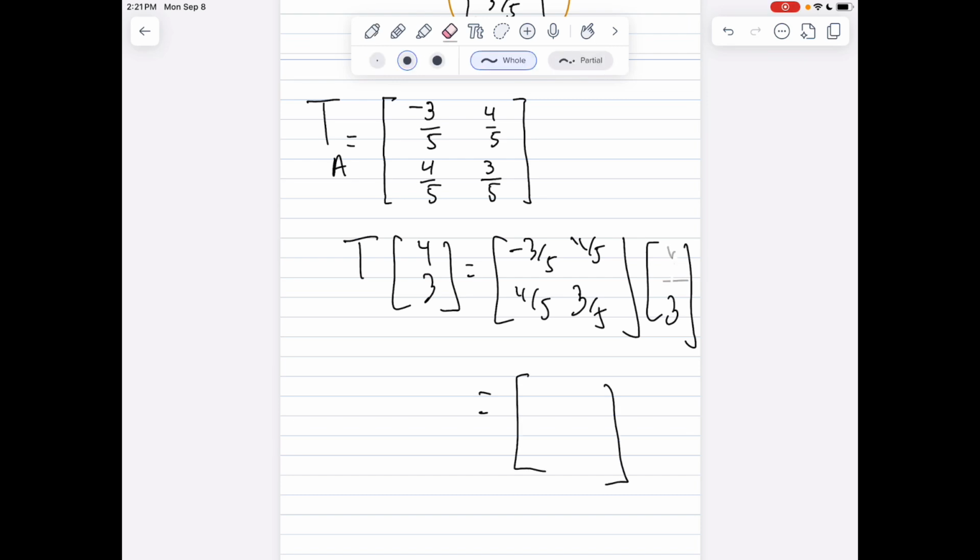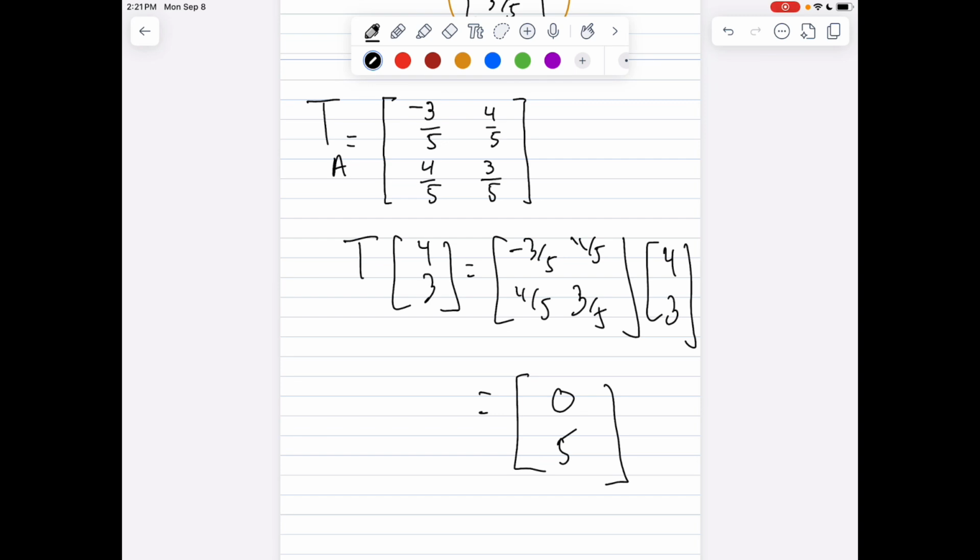Sorry, that looks like a division, that's just (4, 3) here. Minus 12/5 plus 12/5, actually that's 0, that's nice. And then you would get 16/5 plus 9/5, which is 25/5, so you get 5. So the vector (4, 3) reflects to (0, 5) when reflected across the line y equals 2x.